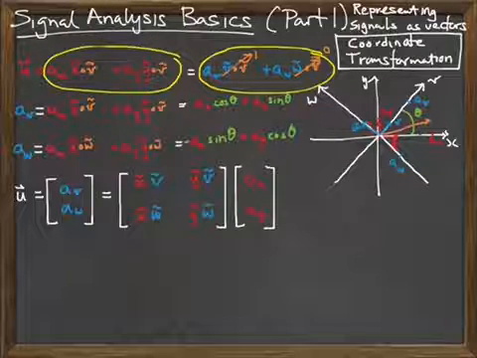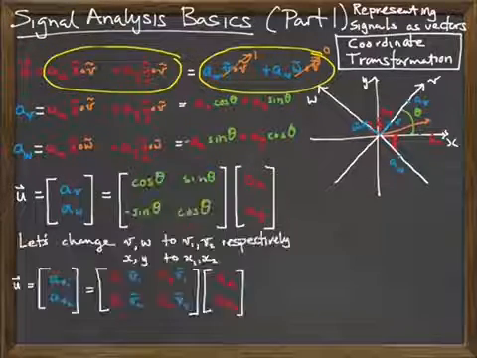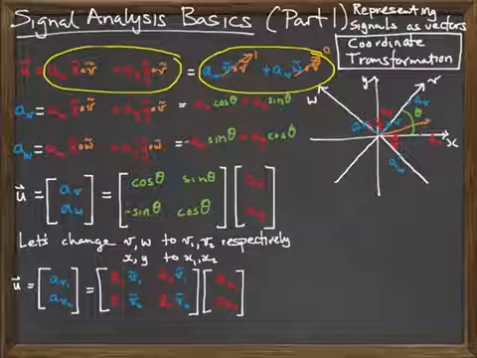I have down here a matrix multiplication. In this case, this matrix inside is called the transformation matrix. It allows us to transform from the x and y axes to the v and w axes. So we can change these values x dot v and y dot v, x dot w and y dot w, to something that is much better known.